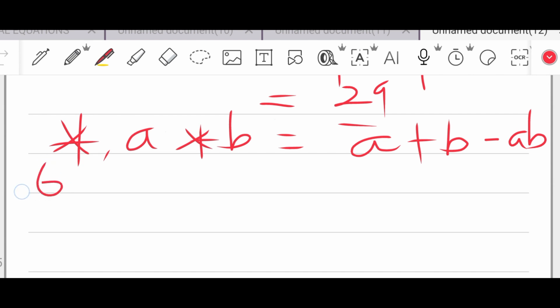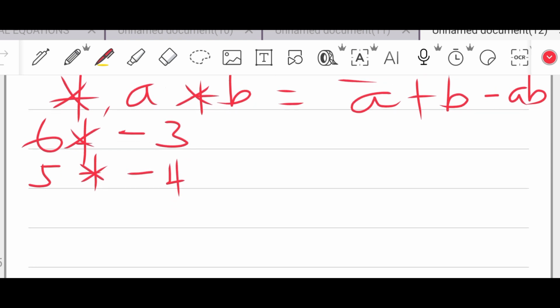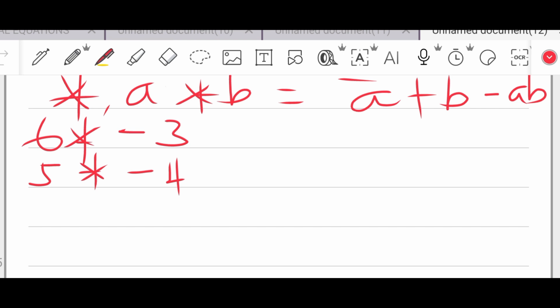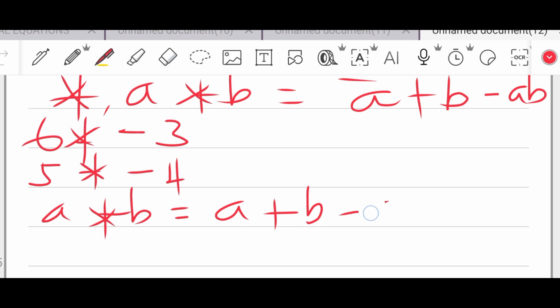We have 6 operation -3, then we have 5 operation -4. Now, according to the rule, if you have A operation B, what we do is write the first term plus the second term minus the product of the first and the second term.